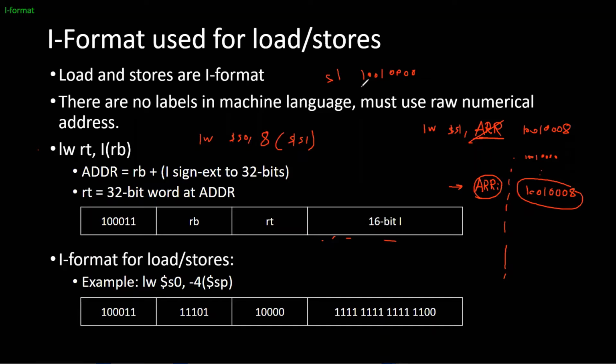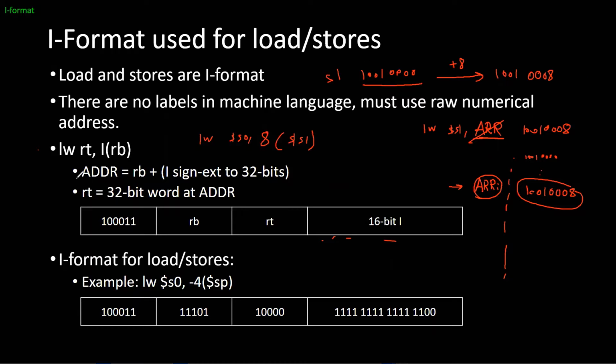You would read from this memory location directly. But when you have that offset, we said that this offset is going to be added to this location, and then we're going to read from that. So in this example, we would be doing +8, and we would read from 1001 0008. So that would be the address that we would actually read from.